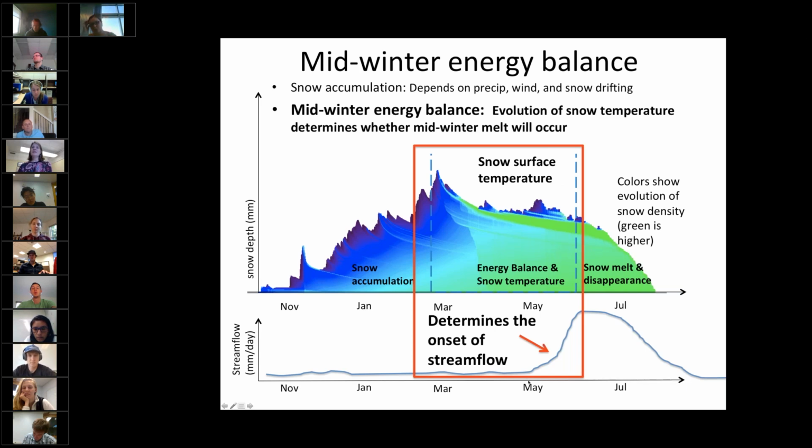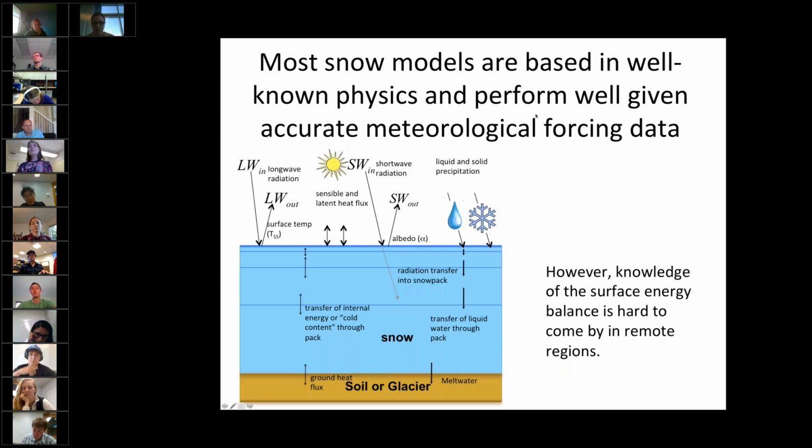And this determines the onset of stream flow, or if you're going to have a flood from warming in the spring, when it's going to happen. So this is just another picture looking at all the components we've just been going through of the energy balance over the snowpack and all the different terms.